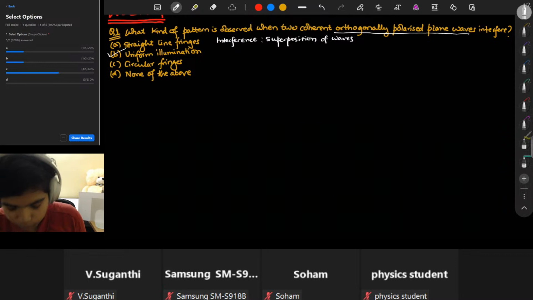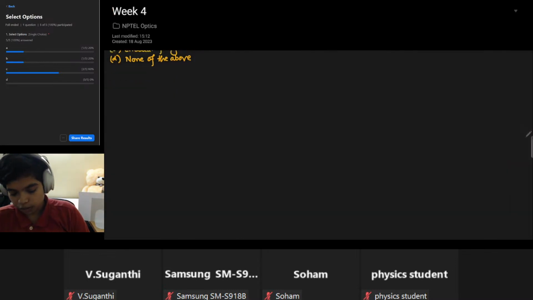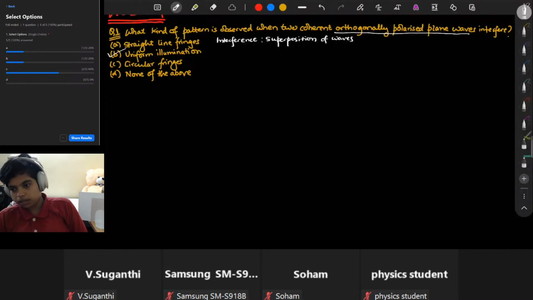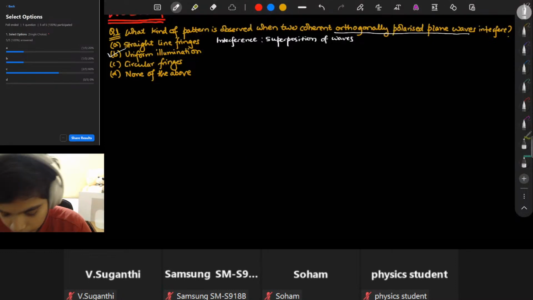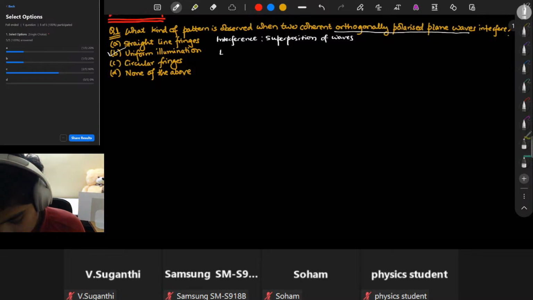So let us write down the two electric fields which will superpose. First we have the first electric field, let us call it E1. E01 is the amplitude. Then we have cosine of K1 dot R, where K1 is the wave vector, minus omega t plus epsilon 1.